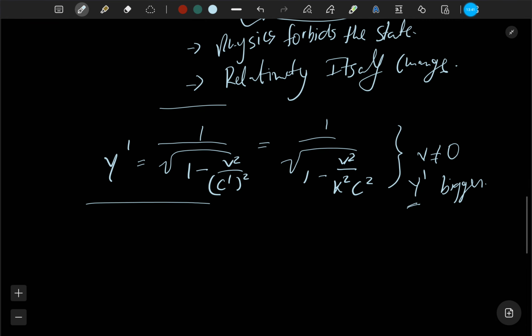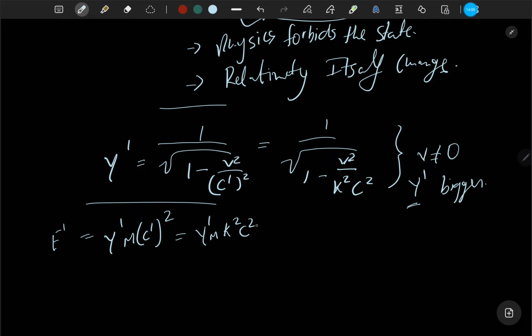So basically the new energy becomes something like gamma dash m c dash squared, equals gamma dash m k square c square, right? Even though c dash squared, equal to k square c square, is smaller, gamma dash can become enormous, okay?